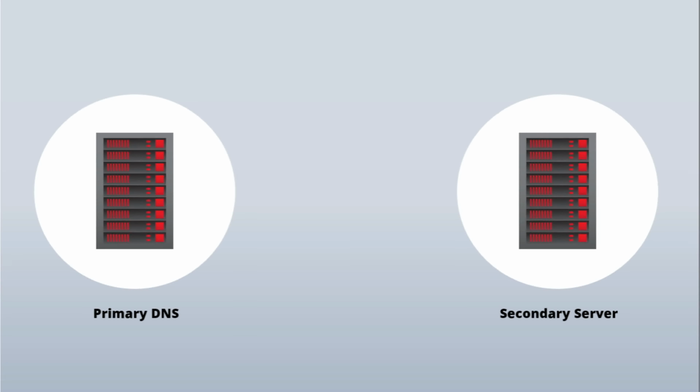As an example here, if this primary DNS wants to synchronize all its database or data to the secondary server, this is the process: first, the primary DNS notifies the secondary server that it is here. Then this secondary server will send IXFR and AXFR.